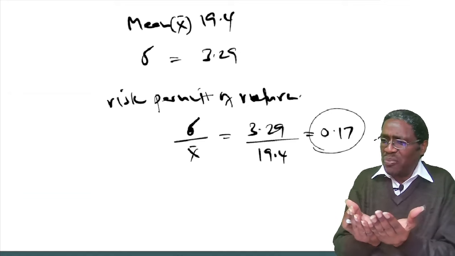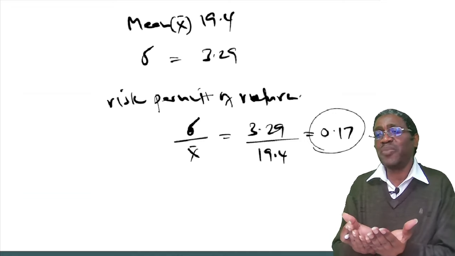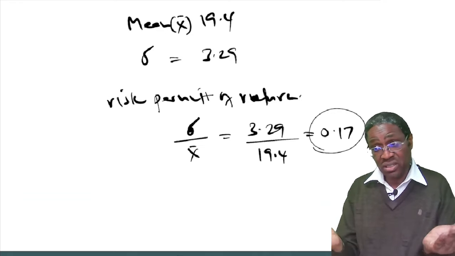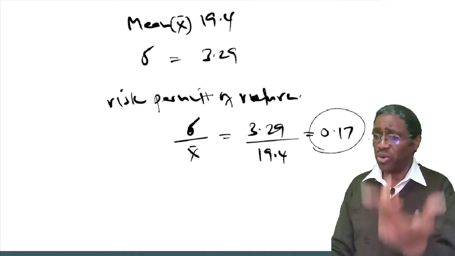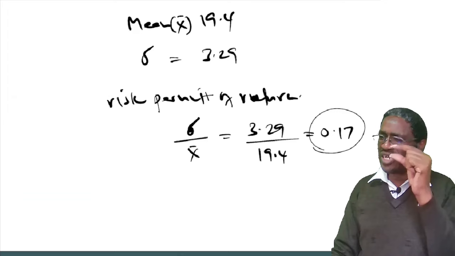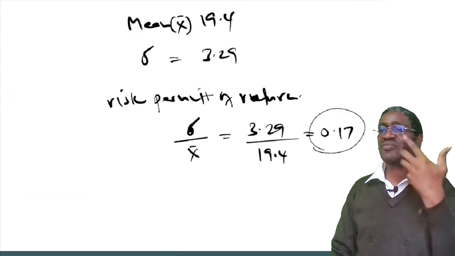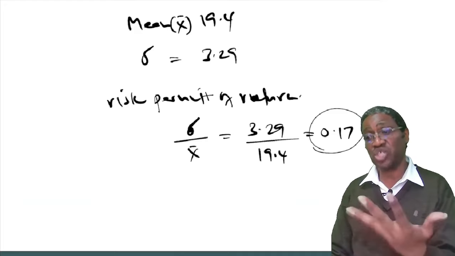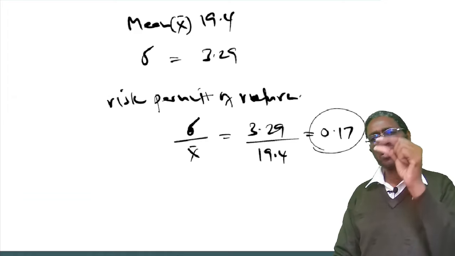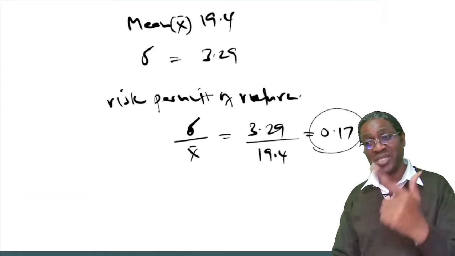So this tells me, to earn 1% return, there is a 17% chance, or risk. 0.17 is the same as 17%. To get 1% return on my investment, there is a 17% risk.